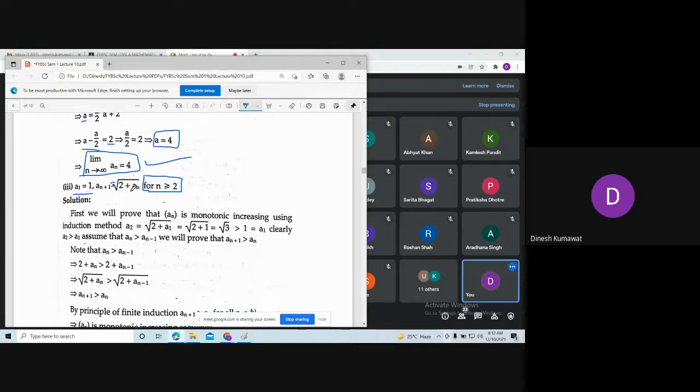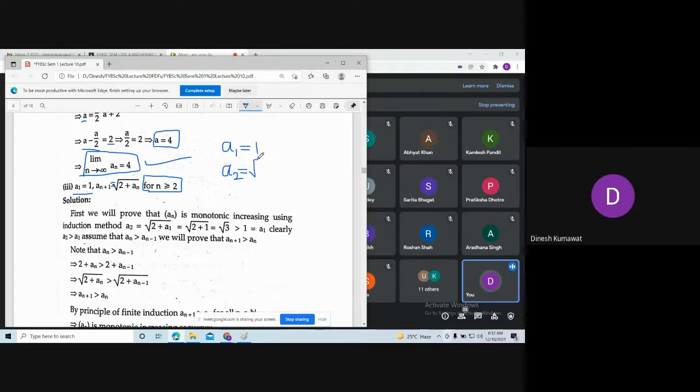Why? Because if you calculate the first few terms, here we have a1 is 1. What about a2? Root 3.